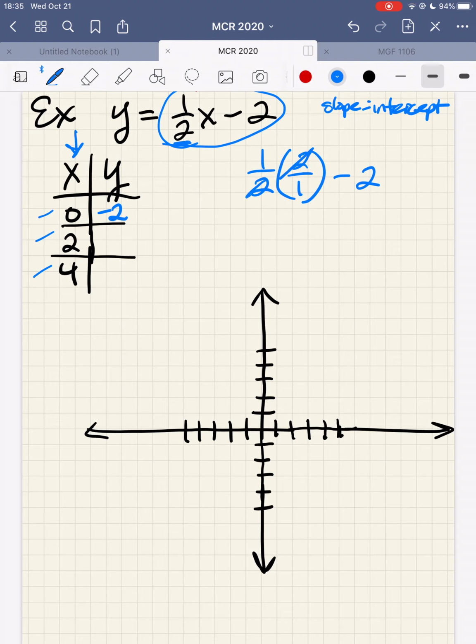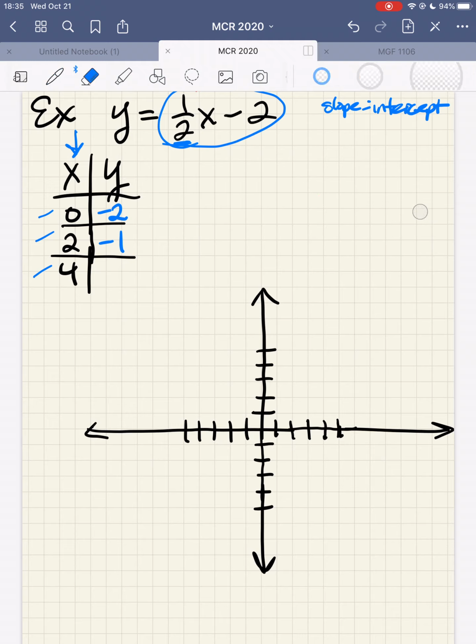Or I can cancel it out and get 1 over 1, which is 1. 1 minus 2 is negative 1. And so my y value is negative 1. So using a multiple of the denominator or the denominator I have enabled me to come up with a whole number.